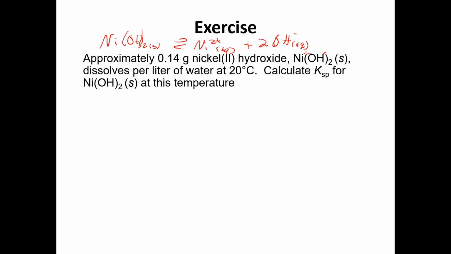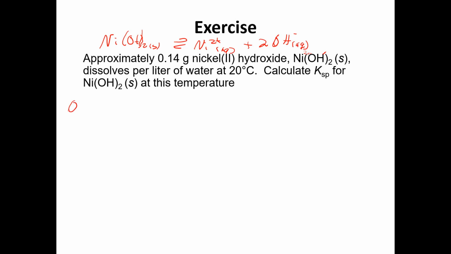So this time we're given grams, and we're told that that will dissolve in 1 liter of water. So to calculate concentrations in order to plug into our expression for Ksp, we're going to have to convert grams to moles and calculate the concentration.